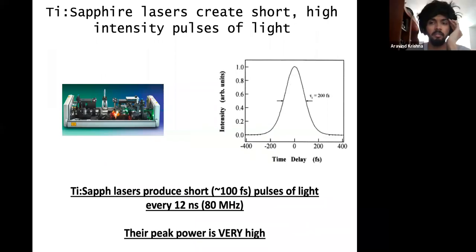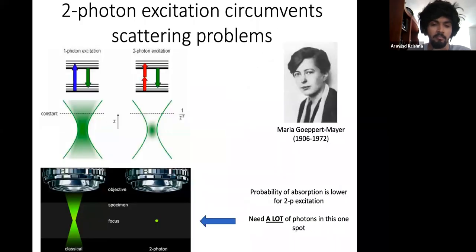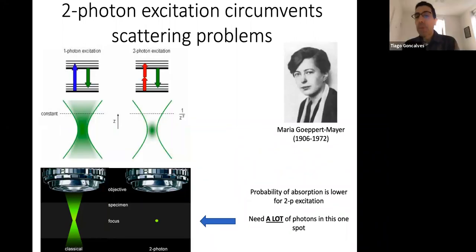Tiago, I have a question. Yeah. So in the previous slide, what is the volumetric empirically driven data that we know? What is the volumetric size of that spot that you're talking about? Well, that will depend on a lot of things. It will depend on your power.